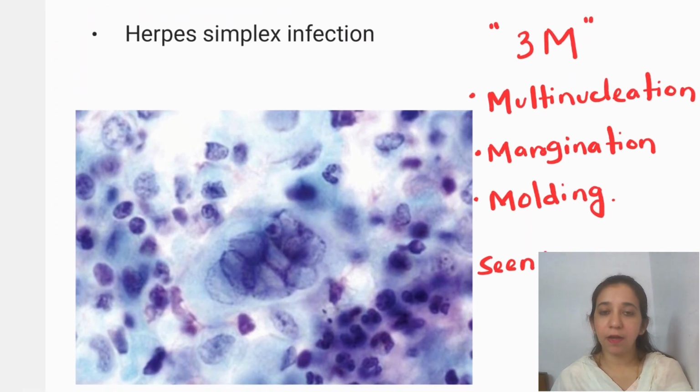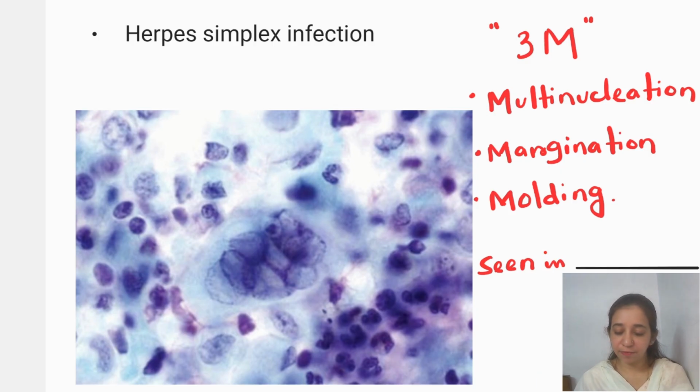The next one is the herpes simplex infection. In case of herpes simplex infection, we can see a giant cell, this one, which has three features, which we can memorize by 3M. What are 3M? This is multinucleation, margination and molding.